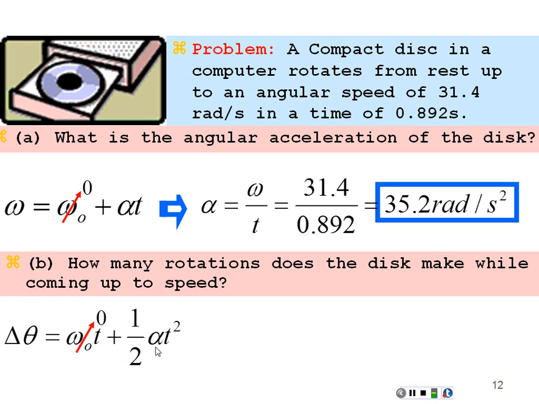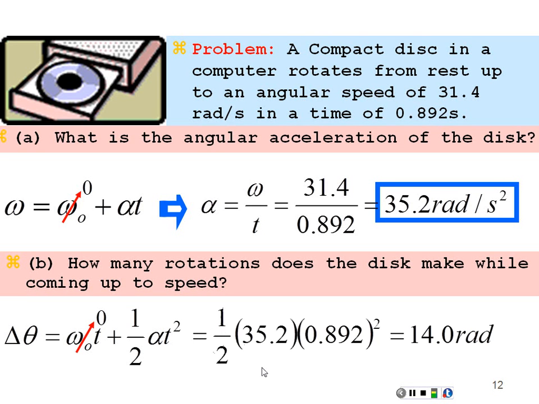So it's 1/2 times alpha times t squared, 1/2 times 35.2, 0.892 seconds squared, 14 radians. If we want revolutions, we need to divide that by 2 pi. So if I take 14 divided by 2 pi, I get 2.23 revolutions. So that would correspond to 2.23 revolutions, or in this case, rotations.